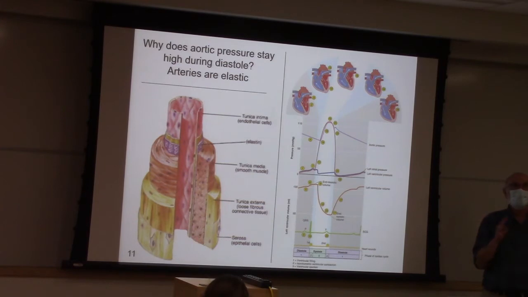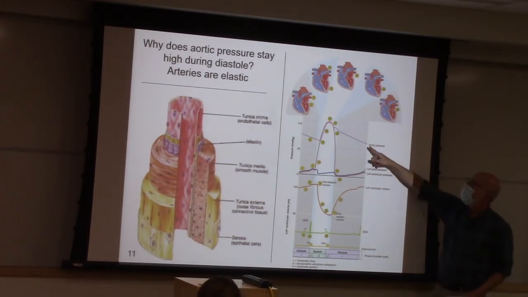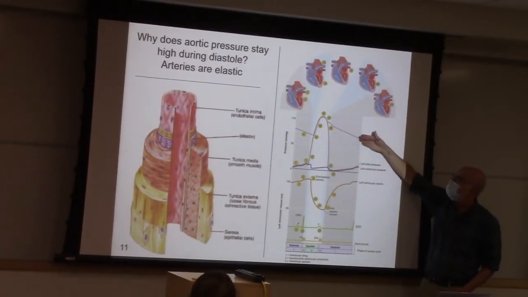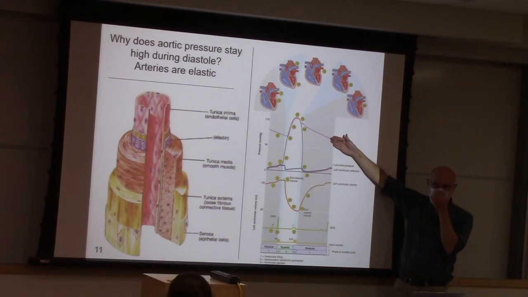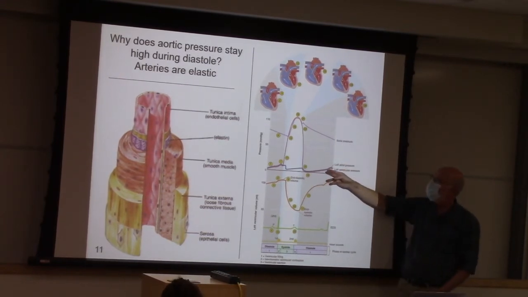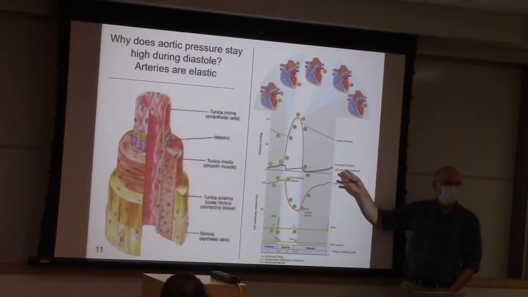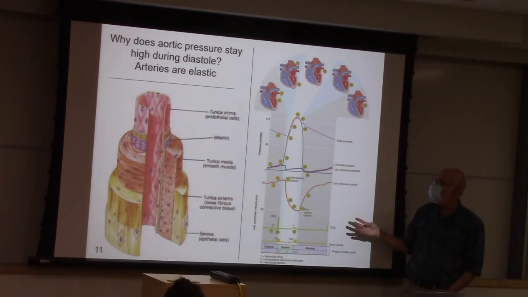All right, so I'm switching gears a little bit. I'm now going to explain why the pressure in the aorta stays high even when the pressure in the left ventricle has fallen to nearly zero. So remember, this is your Wigger's diagram.